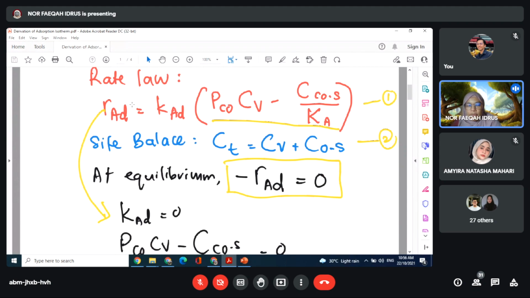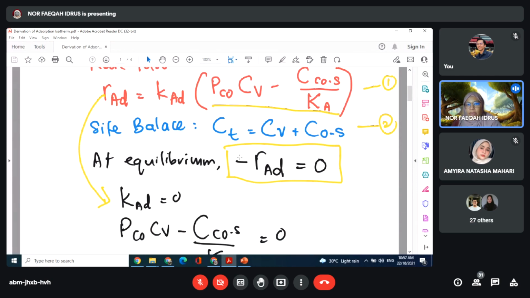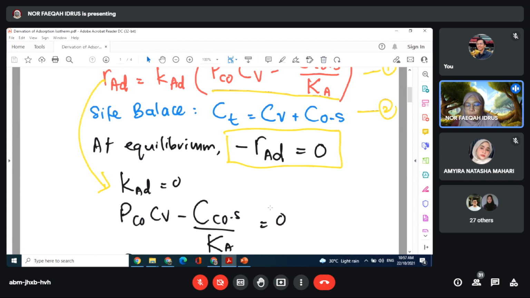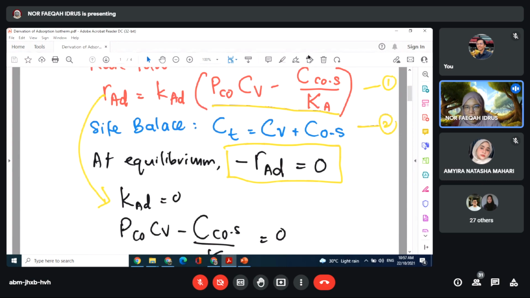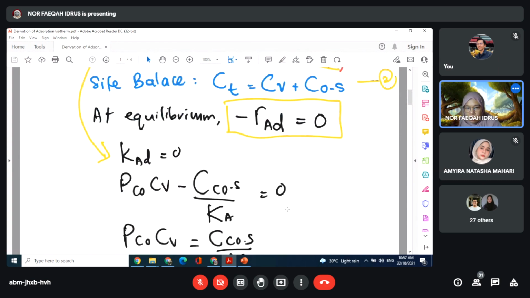Even though it is not written as negative, it is actually negative because the rate is based on the disappearance of CO. So negative RAD equals 0. When RAD equals 0, automatically the term KAD equals 0 and the term inside the bracket also equals 0.